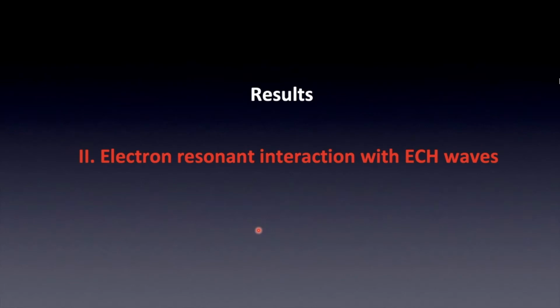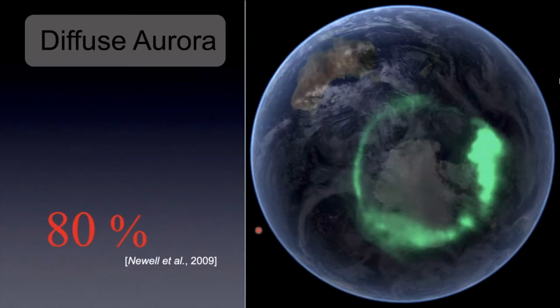The second part is about the wave-particle interaction between ECH waves and the electrons. Let's start with a brief intro. As we know, the diffuse aurora constitutes about 80% of the total precipitating energy input into the ionosphere.